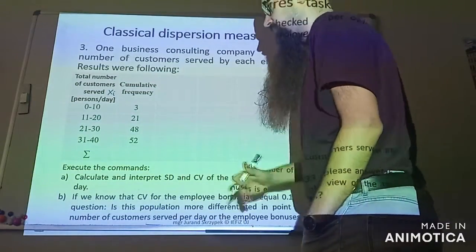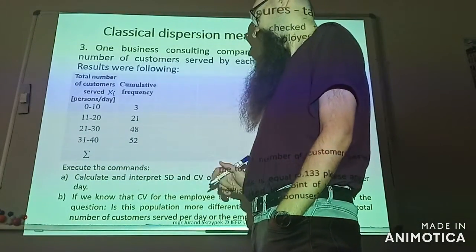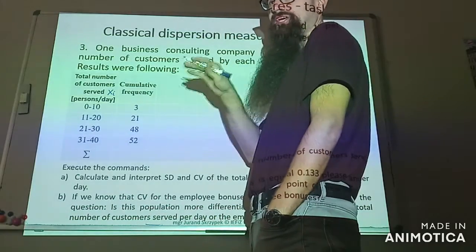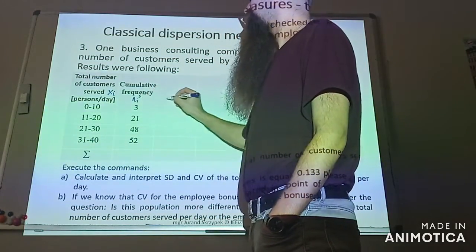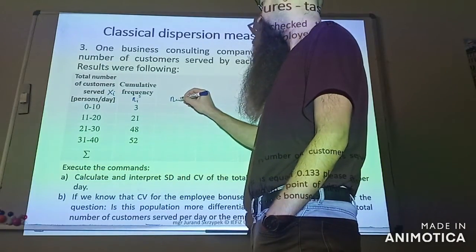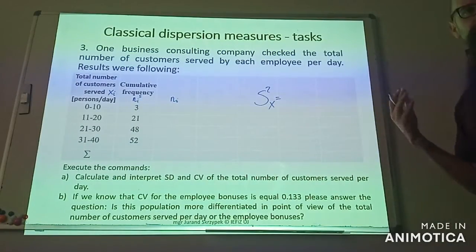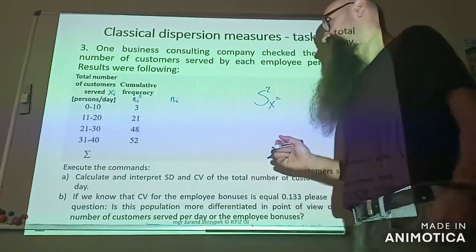Here we have the frequencies. Of course, at the moment we have cumulative frequency, but we have to decumulate this column. Here we have ni's, and I'm going to decumulate this column in order to obtain the clear frequencies here.